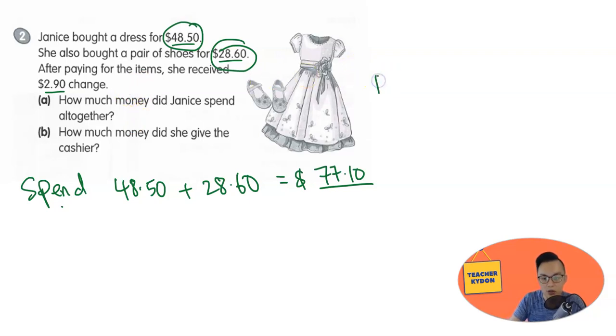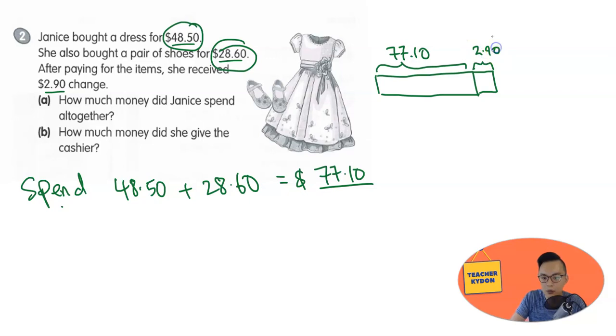So after I got $2.90 in change, I just quickly draw the model for you. So this is actually your 77.10. All right. So after paying, right? So I have some money, and after paying, I got $2.90 in change. So my $2.90 in change is actually over here. So at first I have this amount. So the question mark is, what amount do I have?